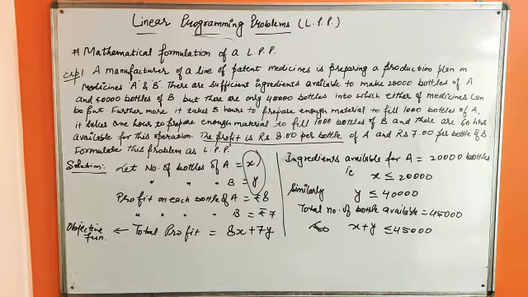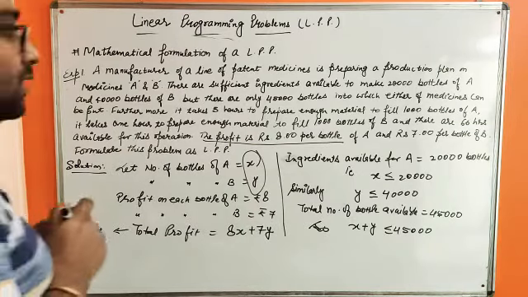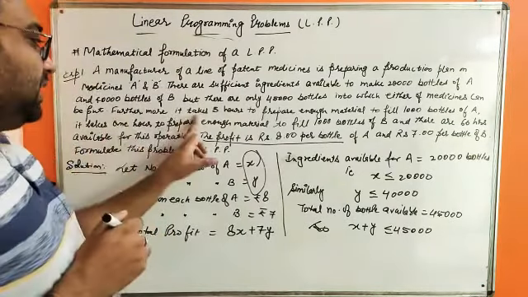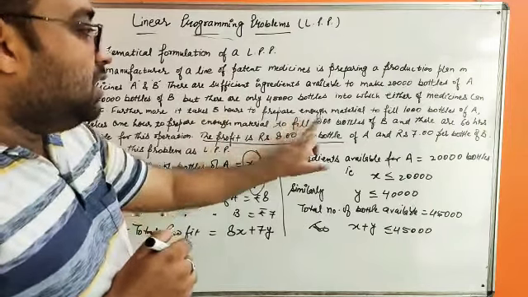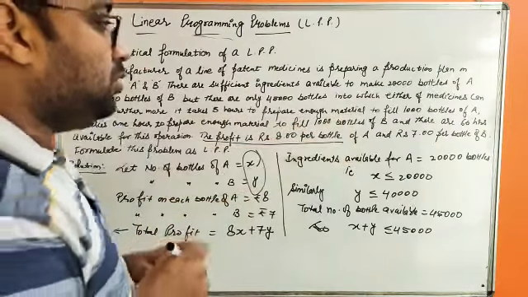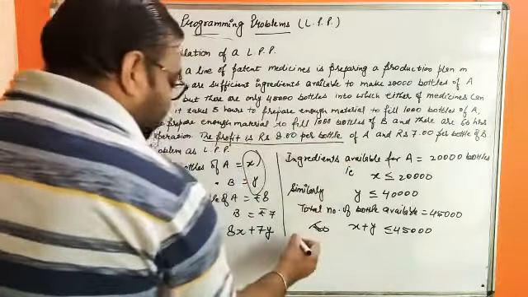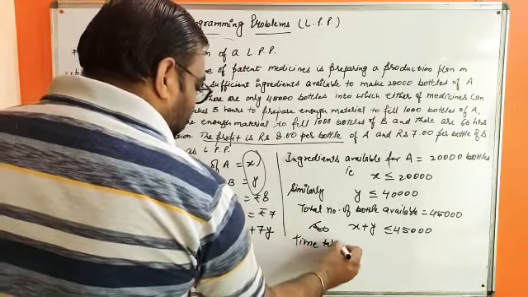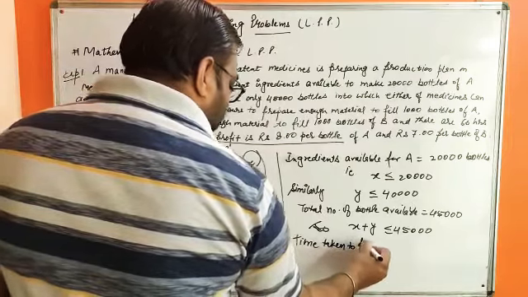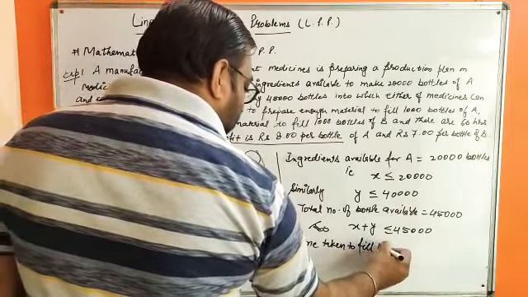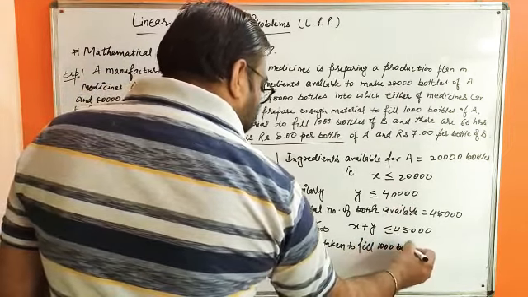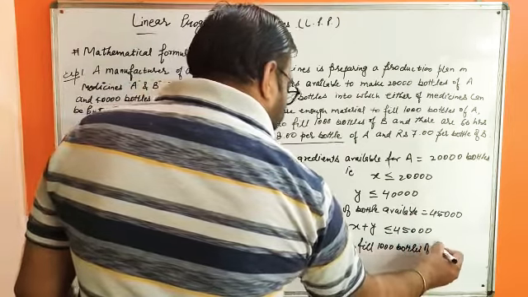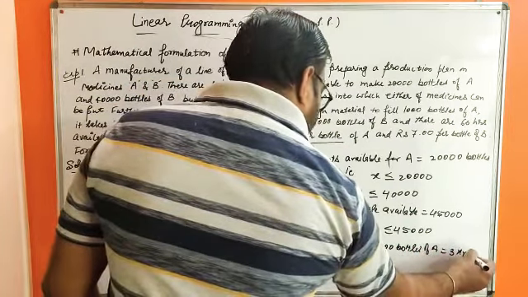Now moving on to the next step. Furthermore, it takes 3 hours to prepare enough material to fill 1000 bottles of A. That is, the time taken to fill 1000 bottles of A is equal to 3 hours.